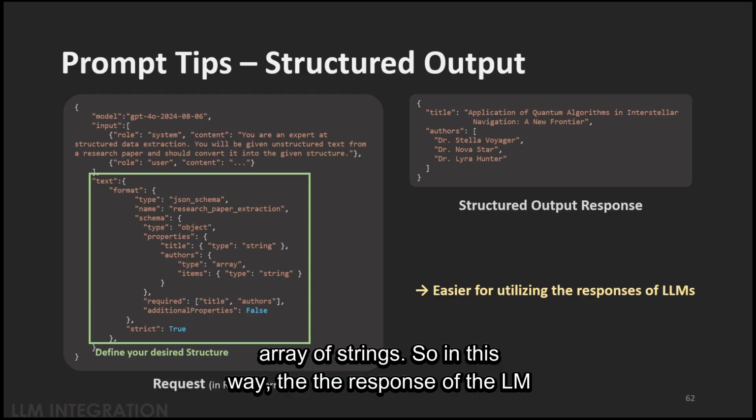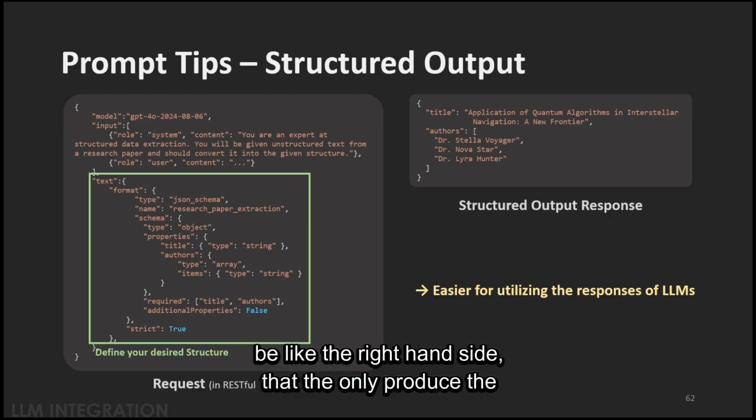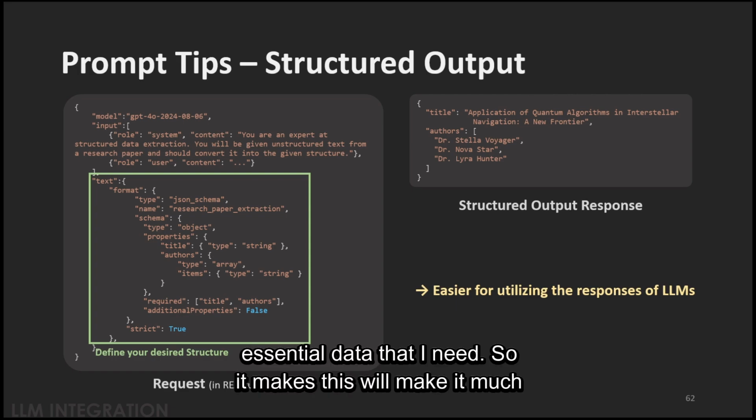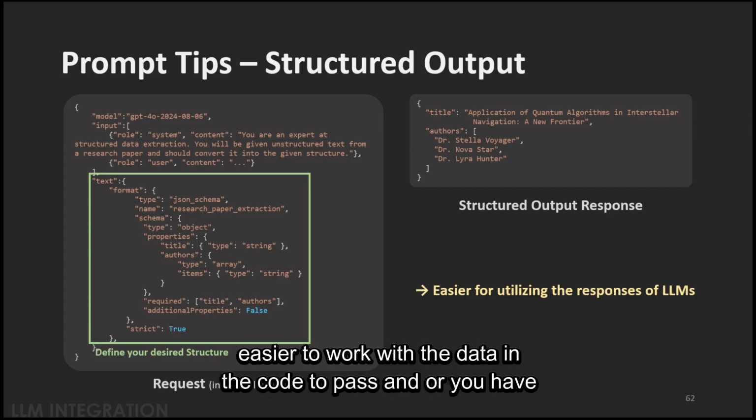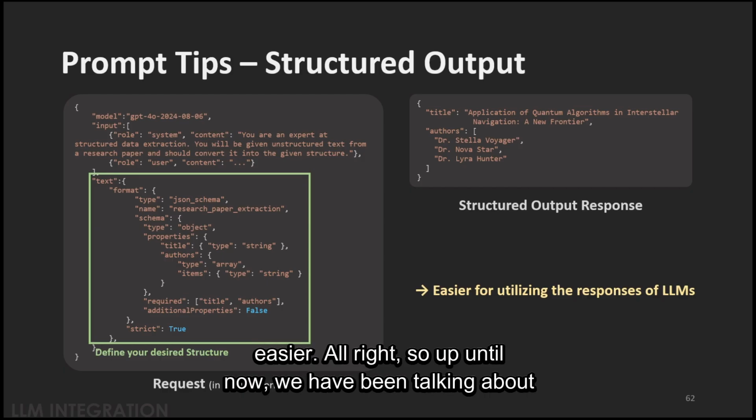In this way, the structured output response of the LLM will be like the right-hand side, where we only produce the essential data that I need. This makes it much easier to work with the data in the code, and when you have to pass it to other systems, it will be much easier.